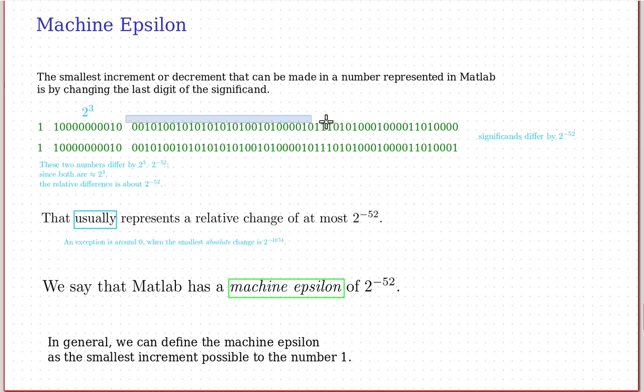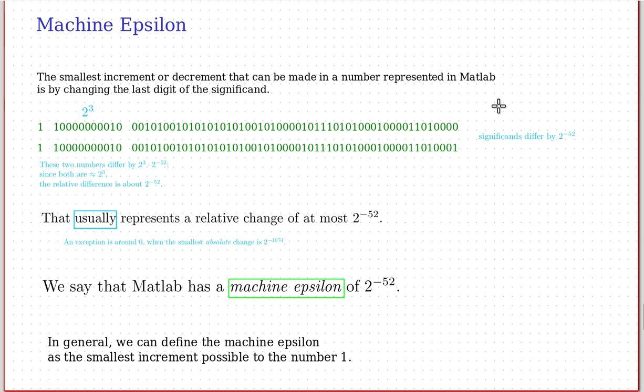And that means that this difference in the very last digit of the significand represents a difference between the values of the numbers of 2 to the negative 52 times 2 to the 3rd, because everything gets multiplied by the exponent 2 to the 3rd.